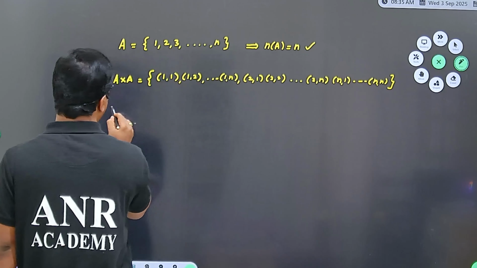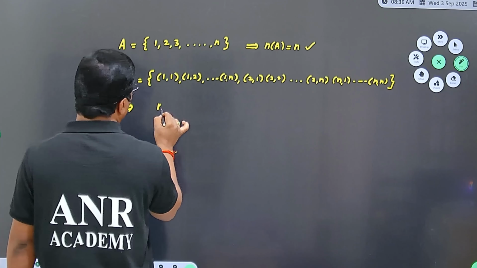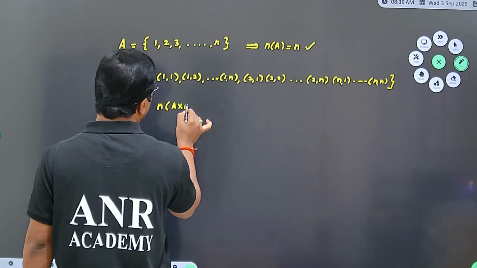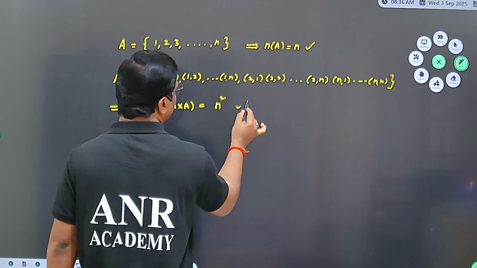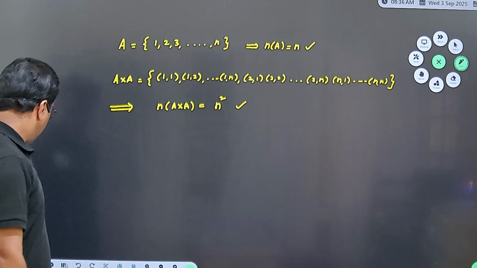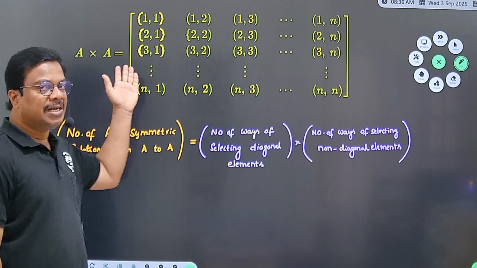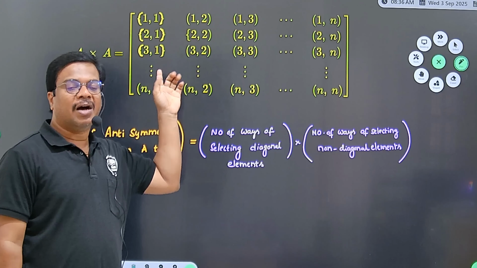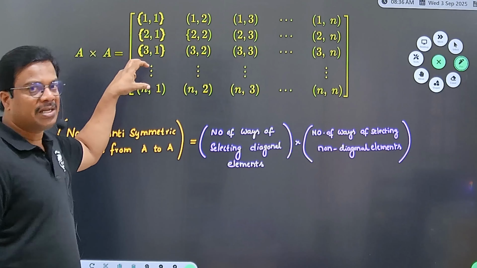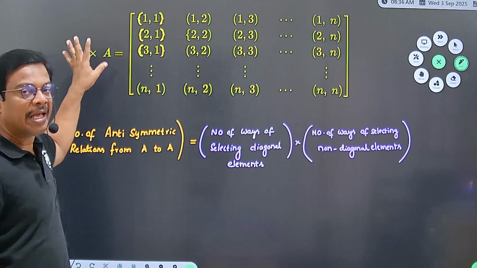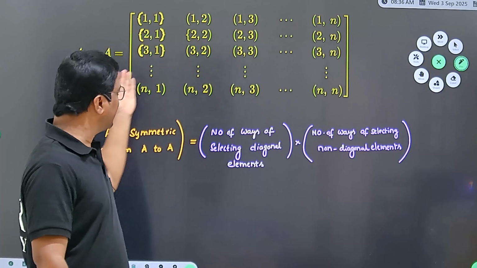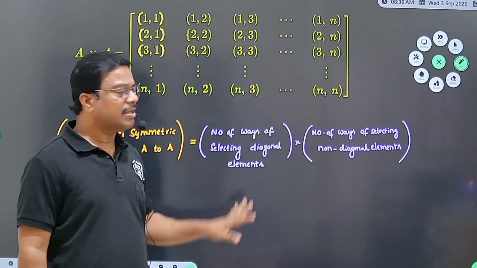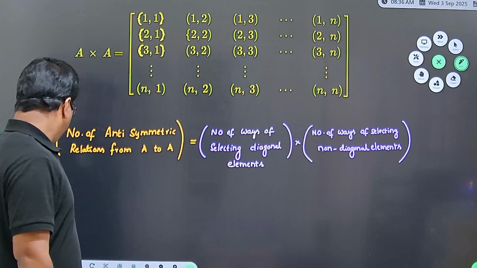The total number of entries in A cross A is n into n, n square. You know this. Here this matrix indicates the set of all ordered pairs which are present in A cross A. Total there are n square elements.